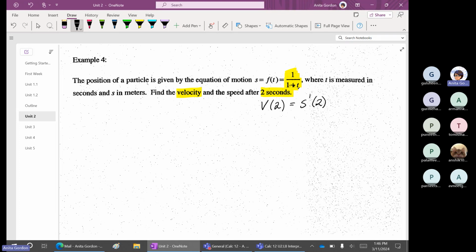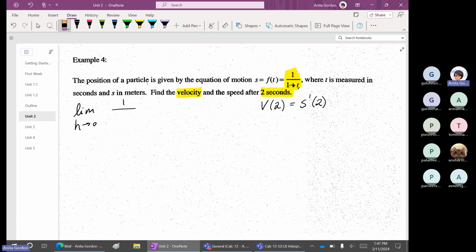So let's try our function here. The limit as h approaches 0 of 1 over, let's see, 2 plus t. Did I do that wrong? So that's 1 plus t in the function. 1 plus t plus h, right?